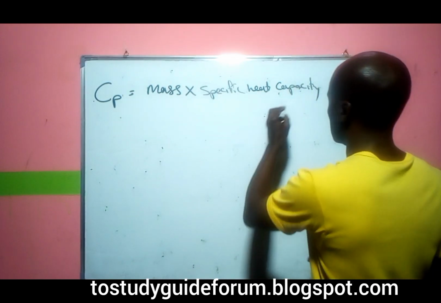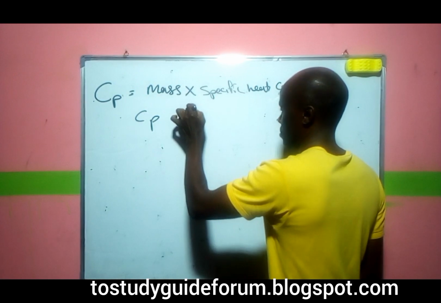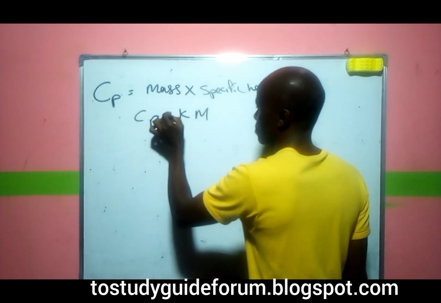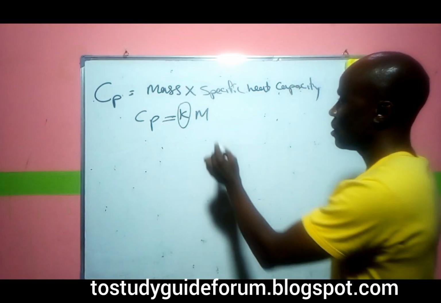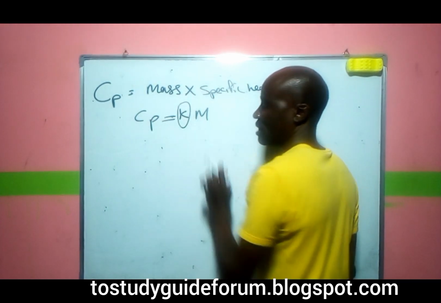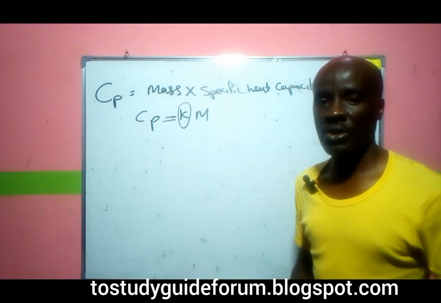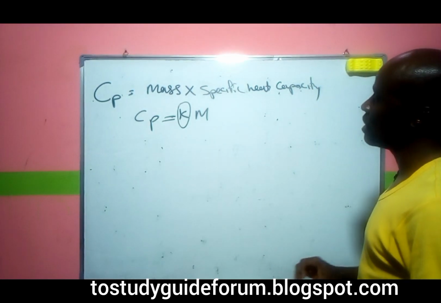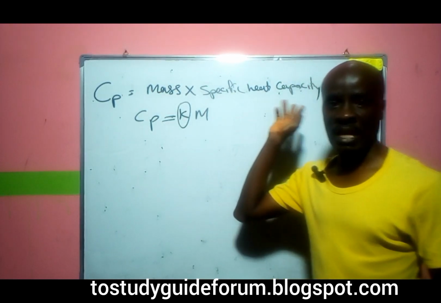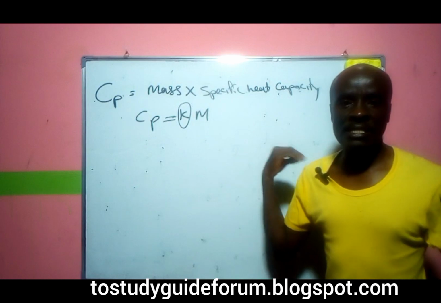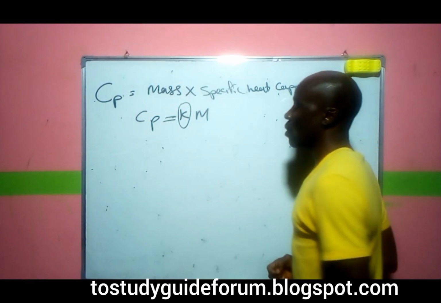If this one is a constant, assuming that we have specific heat capacity as a constant, then as the mass is increasing, the heat capacity will also increase. And if you want to calculate the heat capacity, it simply means mass multiplied by the specific heat capacity.